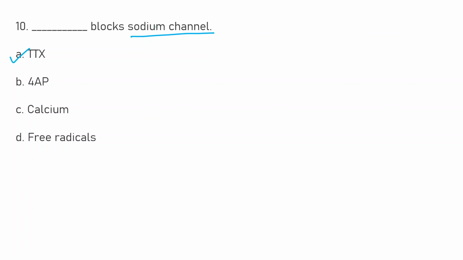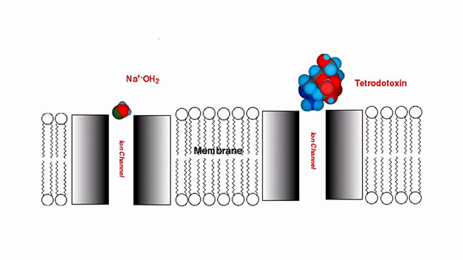So this TTX is something which is called tetrodotoxin. Basically it mimics a hydrated sodium ion. So this is a hydrated sodium ion. This sodium channel will open when it interacts with this sodium ion, right?